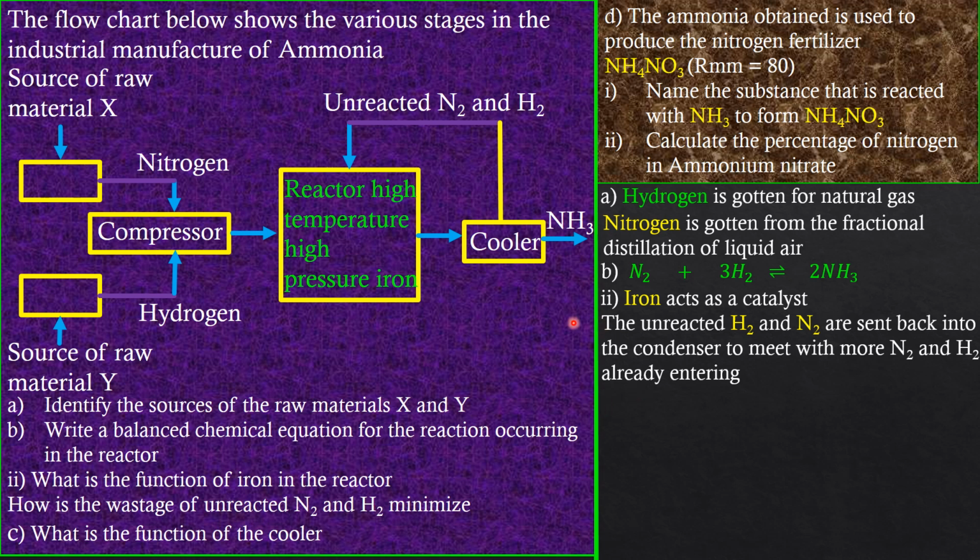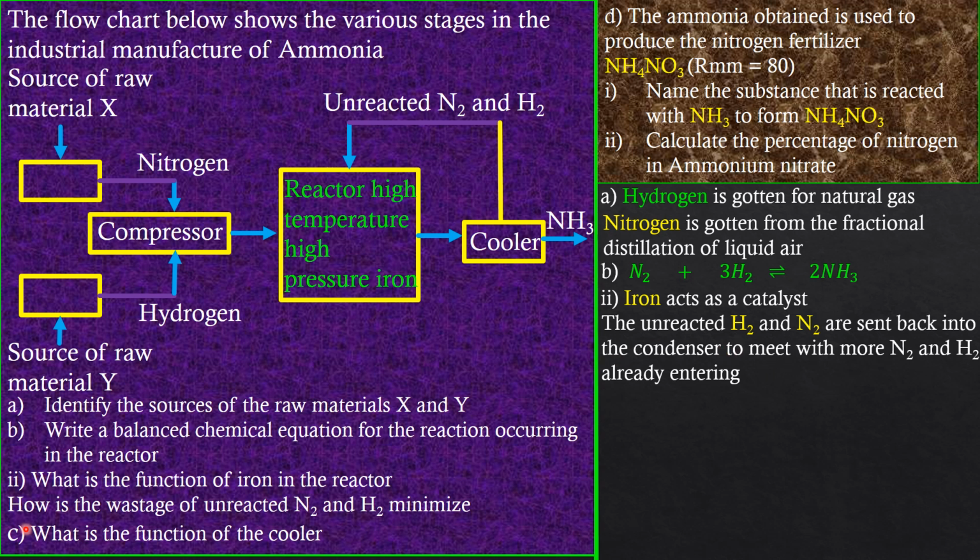So, guys, they are simply sent back into the reactor, or they are simply sent back into the compressor. The condenser in this case is simply the compressor, okay? Therefore, it is going to meet more and more nitrogen entering into the condenser, which mingles with it and reacts like fresh nitrogen and hydrogen. Great. So, guys, that's it.